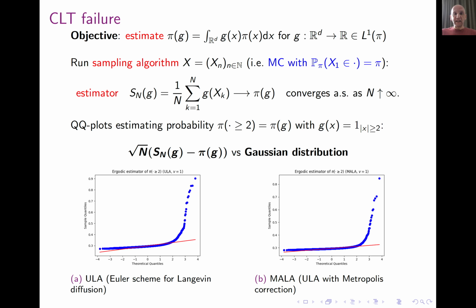So when I run a number of independent chains and compare the empirical CDF with the Gaussian CDF, I should see these dots lying on a line. Clearly, even for algorithms like ULA, the Euler scheme for Langevin diffusion, or MALA, they don't lie on a line, so really the CLT fails. So the problem is really there.